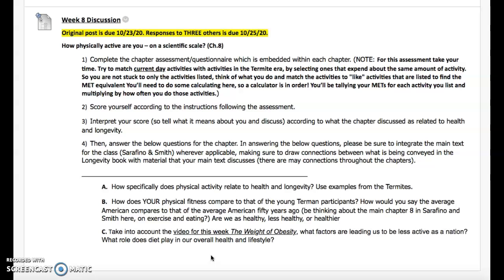And then I want you to branch out and think about the average American, and how you think the average American today compares to the average American about 50 years ago. So be thinking about the main chapter in your Serafino and Smith book, what it says about exercise and eating.